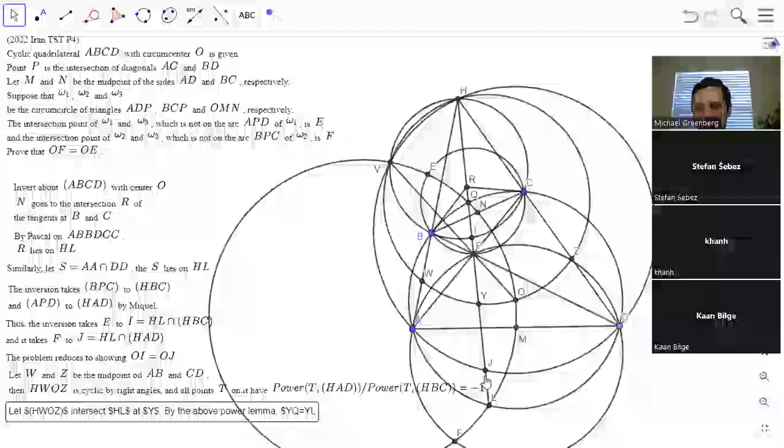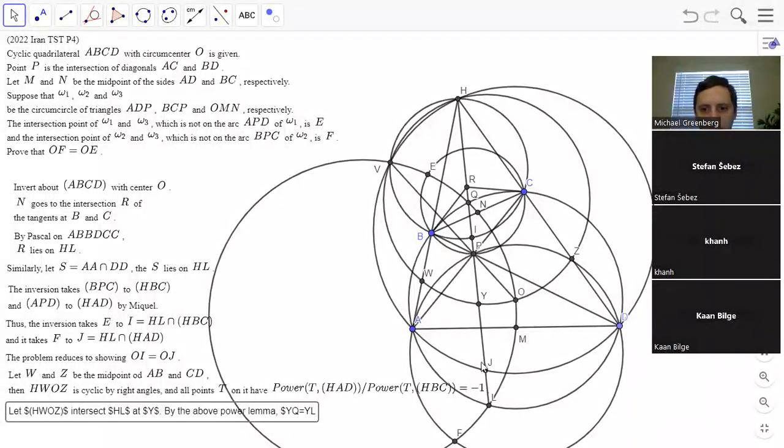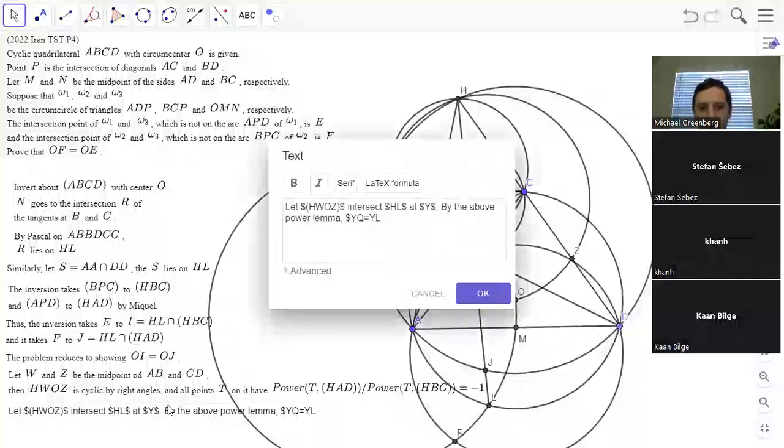And that implies that QI equals QJ, well, YI equals YJ, and that implies OI equals OJ. Which solves the problem. All right.